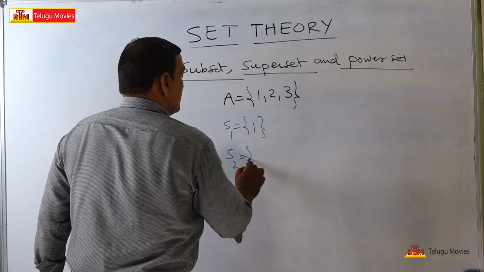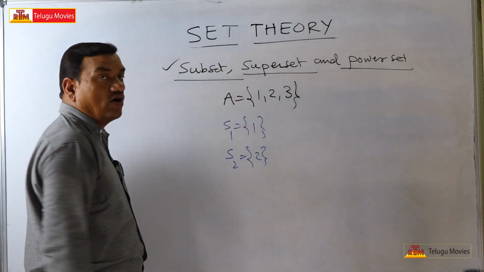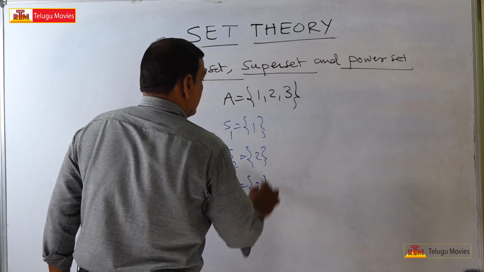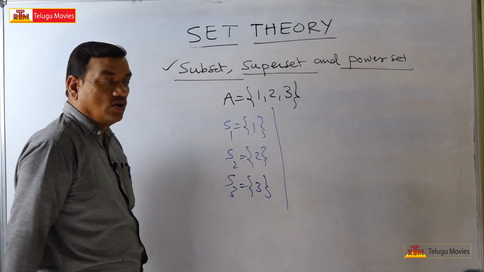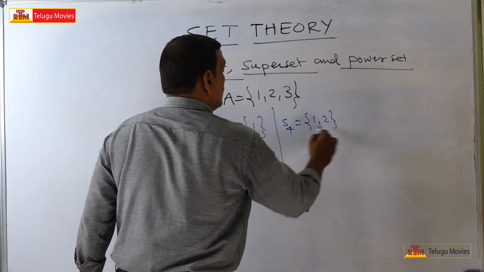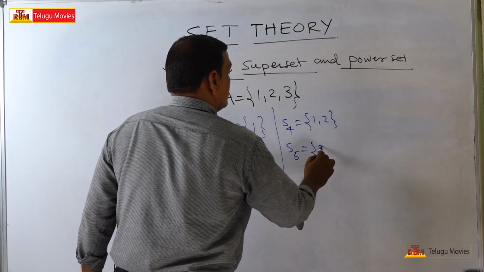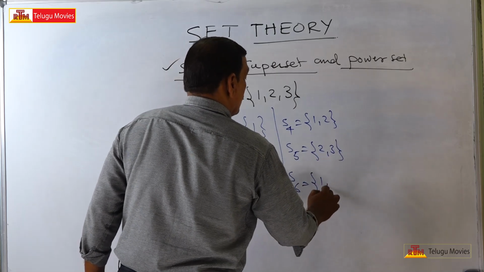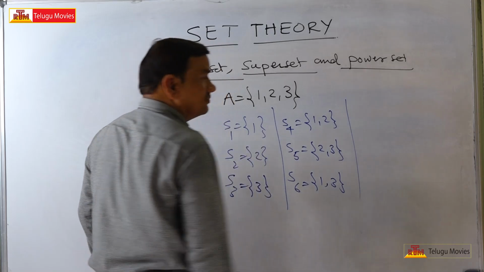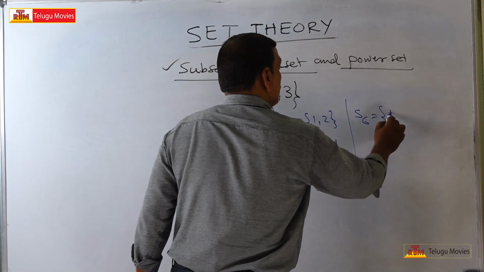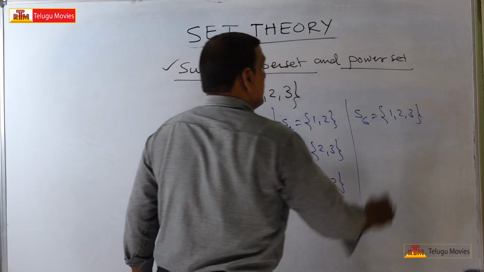S2, the second subset, is {2}. S2 is a subset of {1, 2, 3}. S3 is equal to {3}. Now S4 is equal to {1, 2}. S5 is equal to {2, 3}. S6 is equal to {1, 3}.